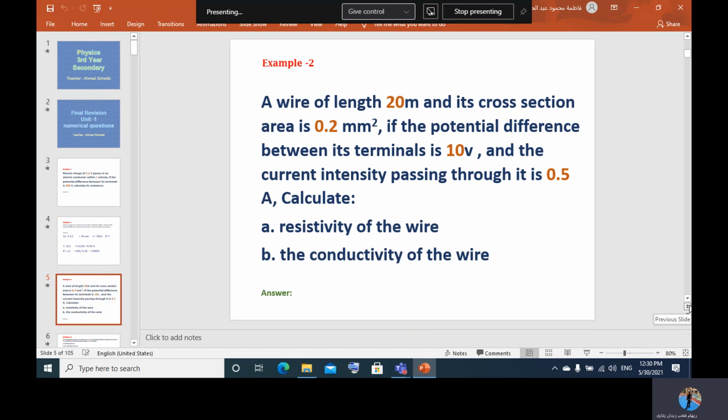The potential difference, we don't need to convert. And the current intensity is 0.5 ampere. We don't even need to convert anything. And calculate A, resistivity of the wire and conductivity of the wire. I think they are related somehow to each other.